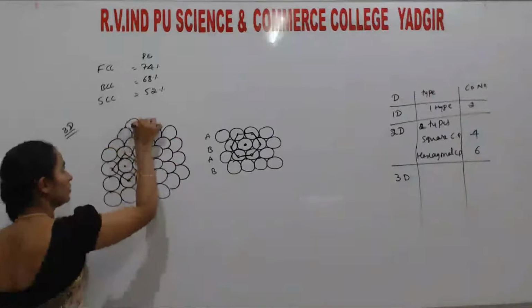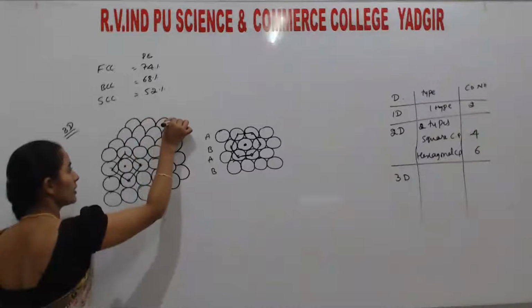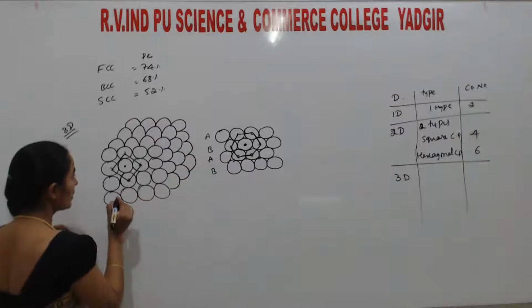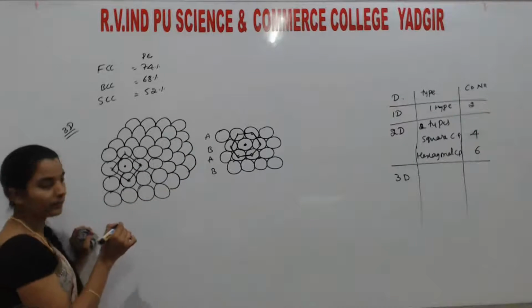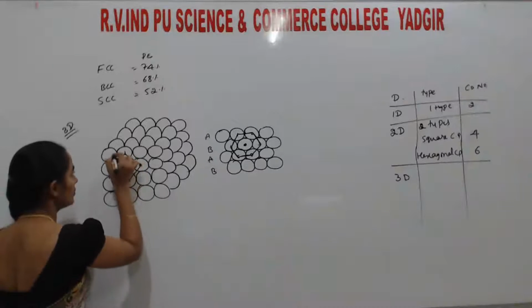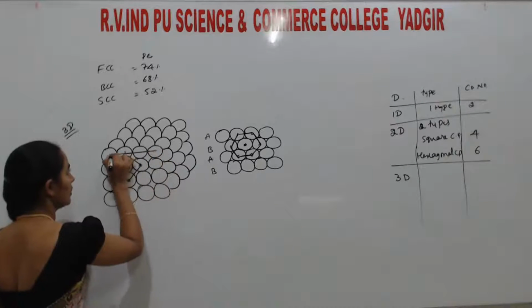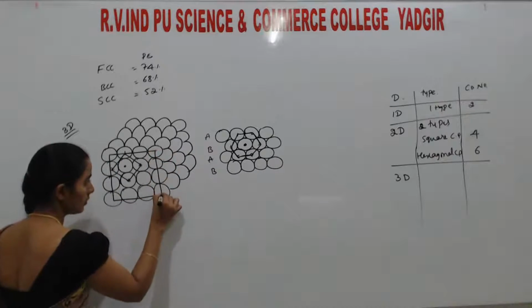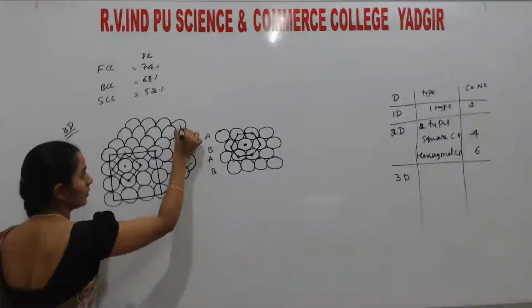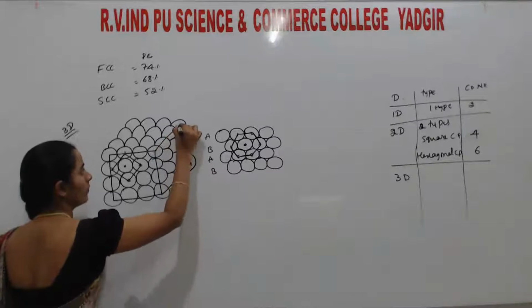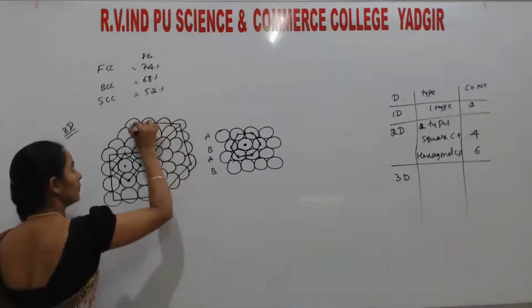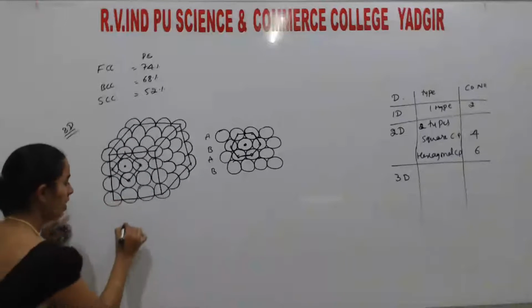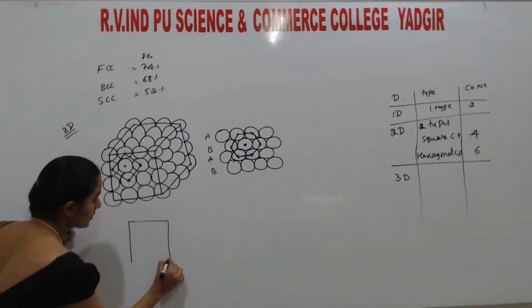So another one. 4 layers I am arranging. Listen. If you join the structures here, anything you are getting? It is a structure like this.